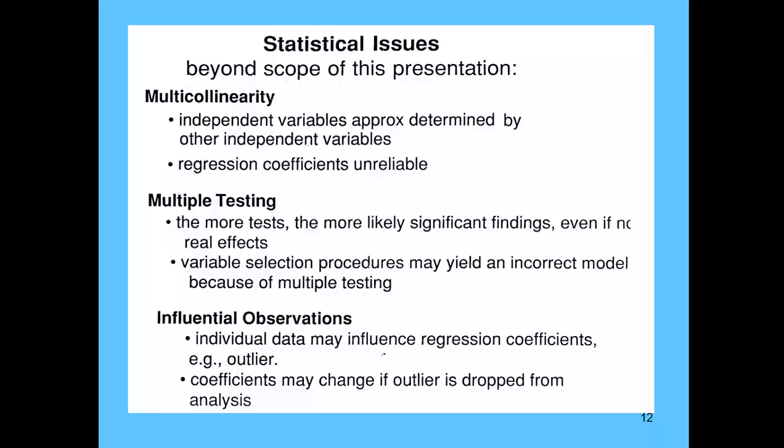You may have 100 people or 1,000 people in your data set, and it may turn out that for one of the people in your data set, if you pull that person out of the data set, and then you run the model and try to get an odds ratio, the odds ratio may completely change, may be very different. It may be very influenced by the individual or one or more individuals in your data set. So that's what's called an influential observation.